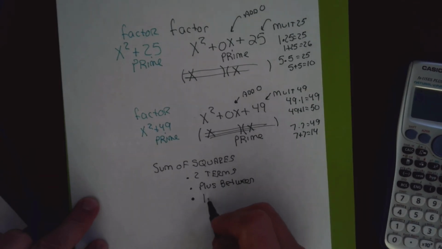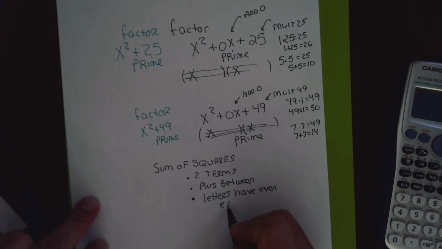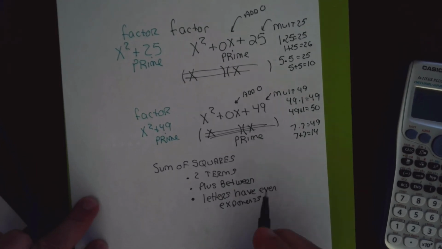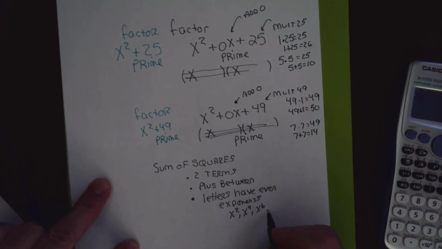The letters, again, have even exponents. Similarly, you might see an x squared, or I'll just do one letter, or an x to the 4th, or an x to the 6th, and so forth. And the numbers are perfect squares.